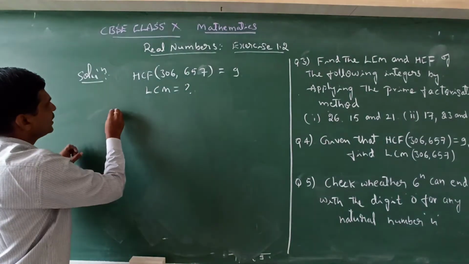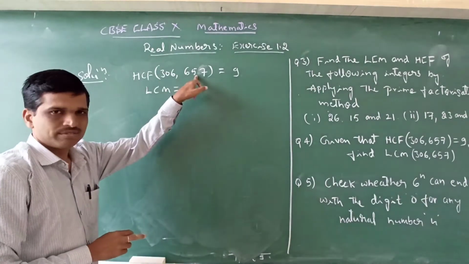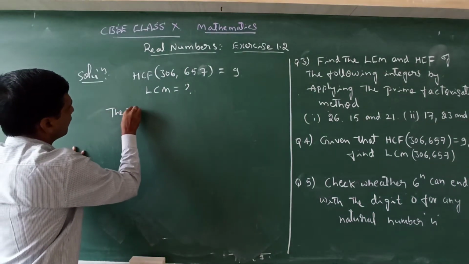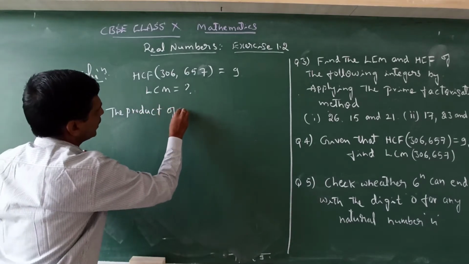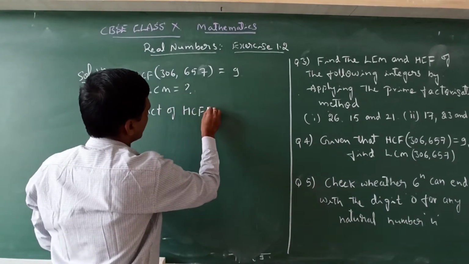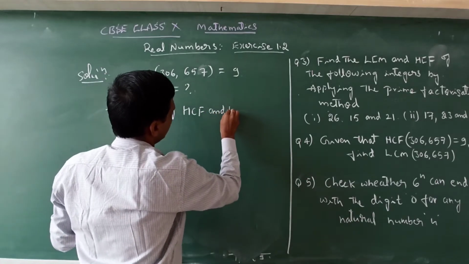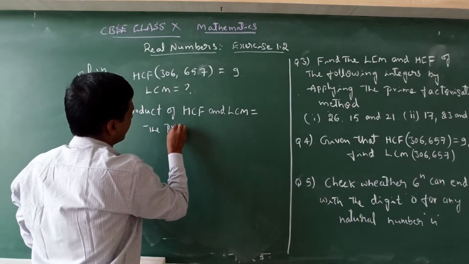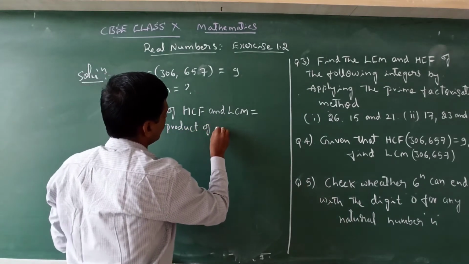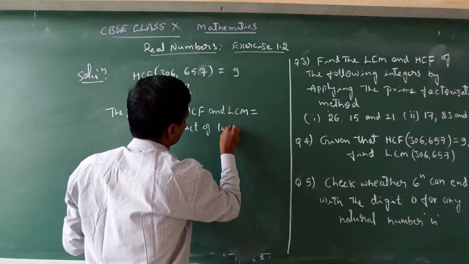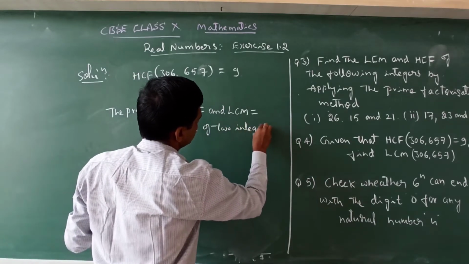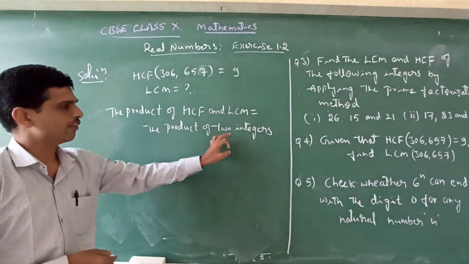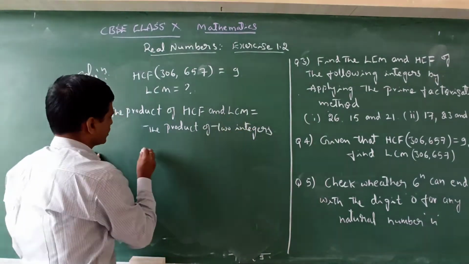Now consider A and B, any two positive integers. You know the formula that the product of HCF and LCM is equal to the product of the two given positive integers.